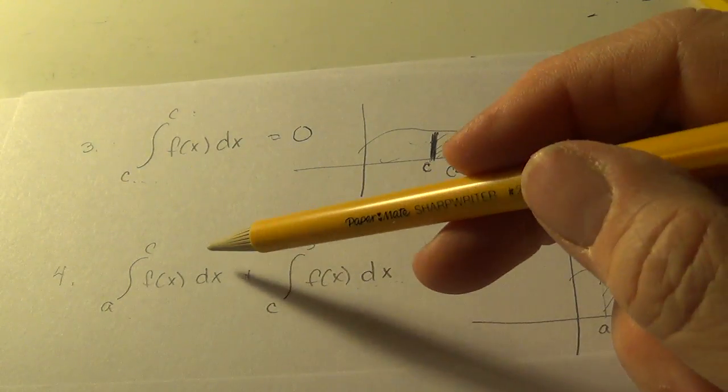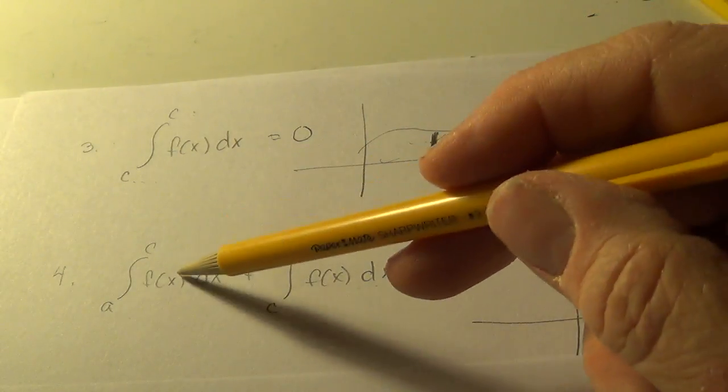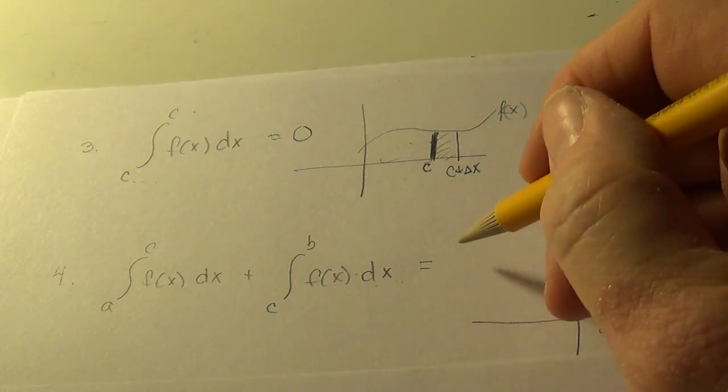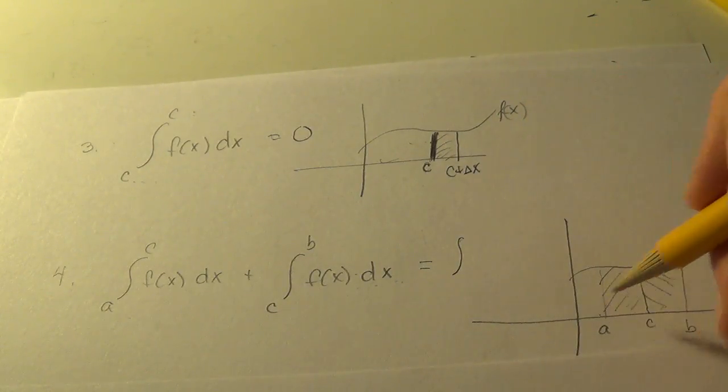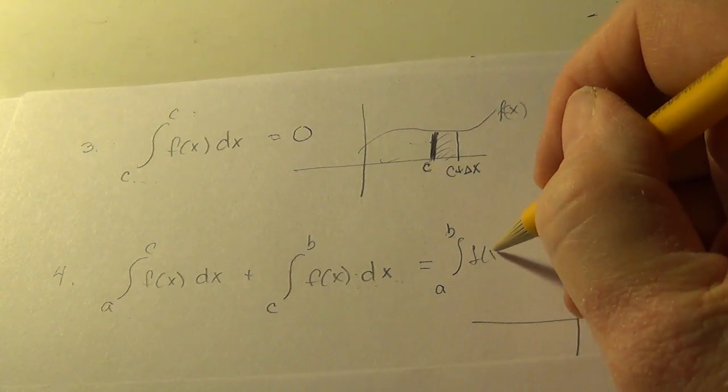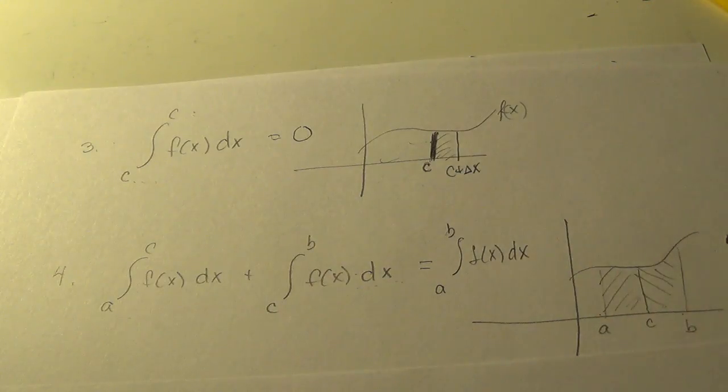So is there a way I could write this as one integral indicating all of this area? And there is, and it would be the integral from a to b of f of x dx. And that is a property of definite integrals.